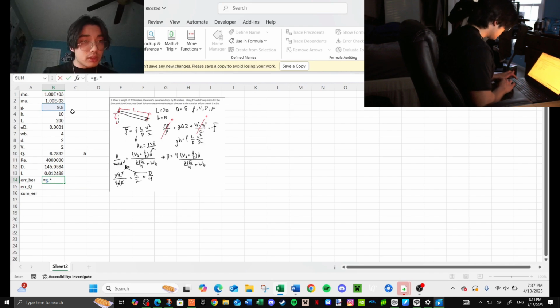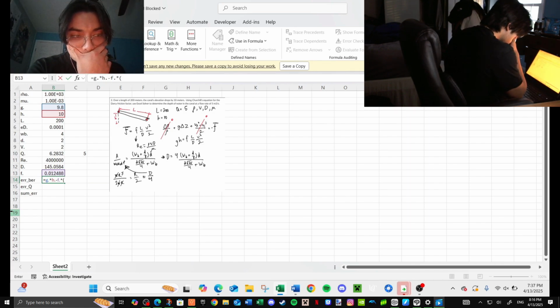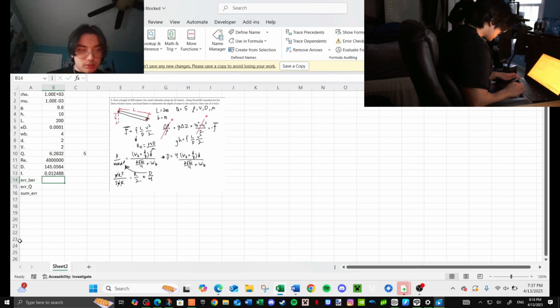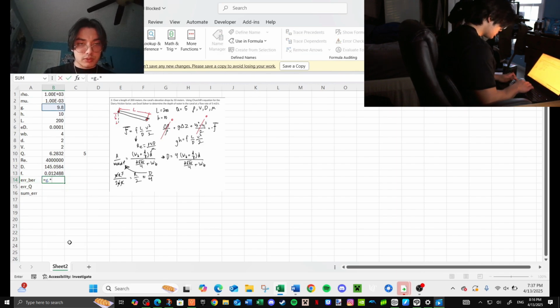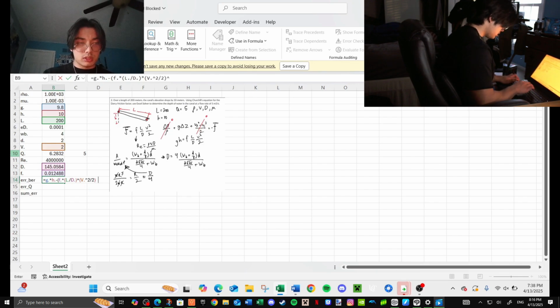G times H minus F times the length over diameter times the velocity squared divided by 2, all of this squared.